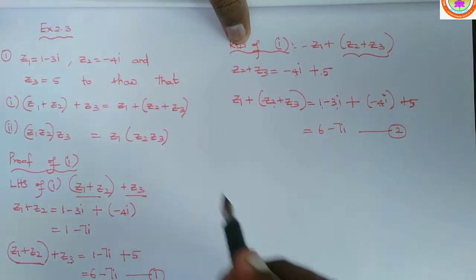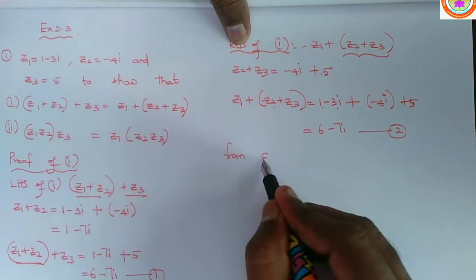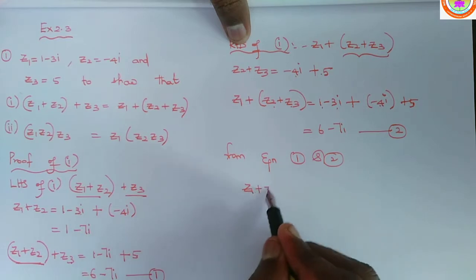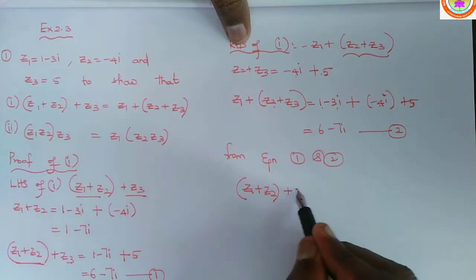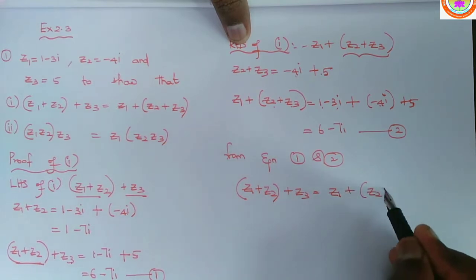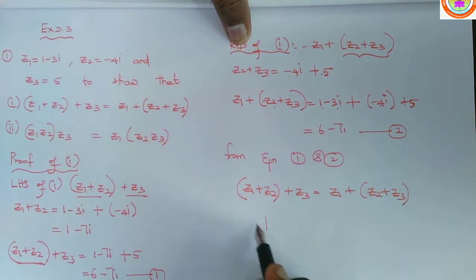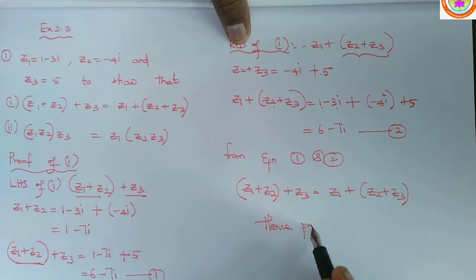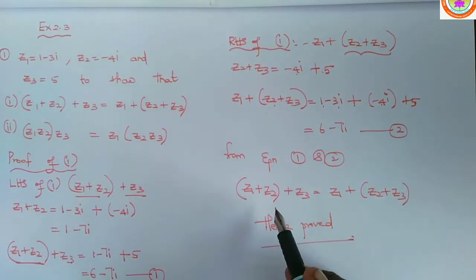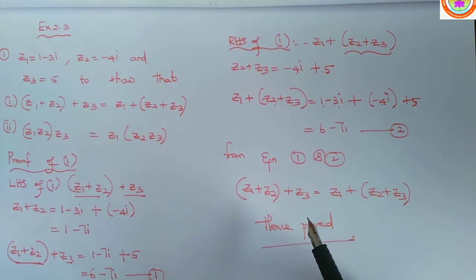Keep it as equation 2. So from equation 1 and 2, Z1 plus Z2 plus Z3 is equal to Z1 plus Z2 plus Z3. Hence proved. So this is the associative property under addition.